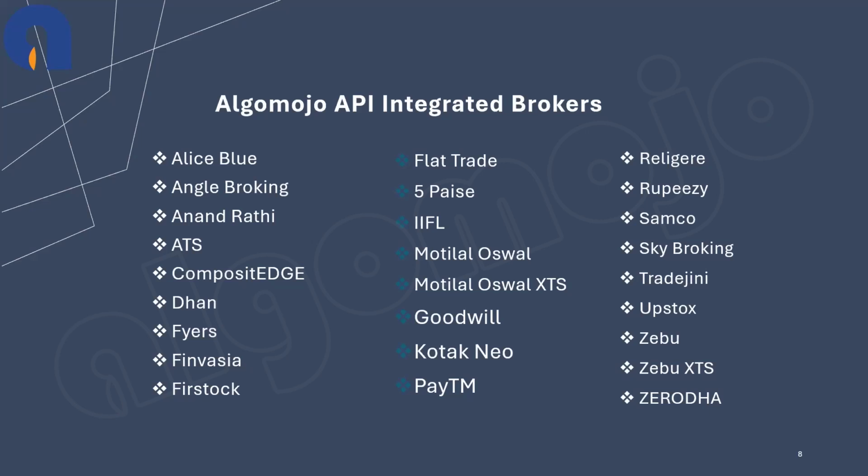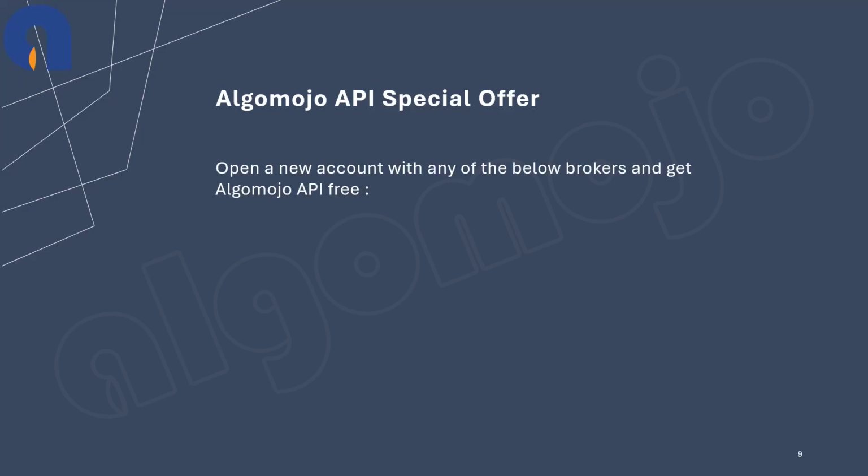Now, we have various plans for the API availability. So also we have a special offer for Algomojo APIs for integration with 4 brokers. So if you open a new account with any of these brokers, you get Algomojo APIs free for life as such.